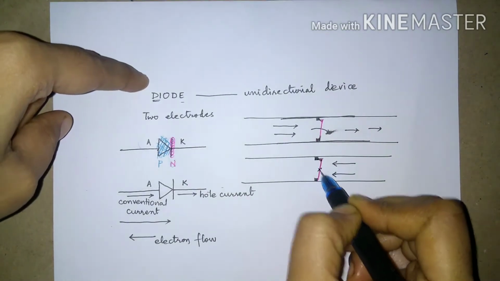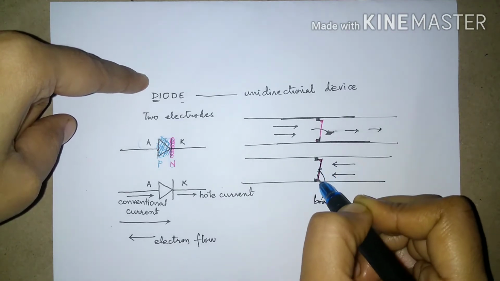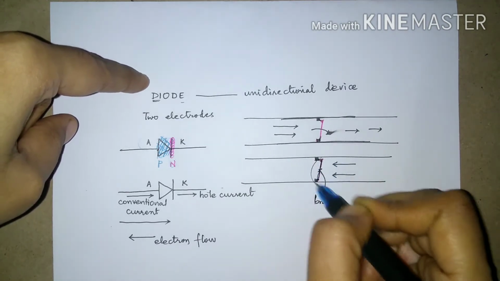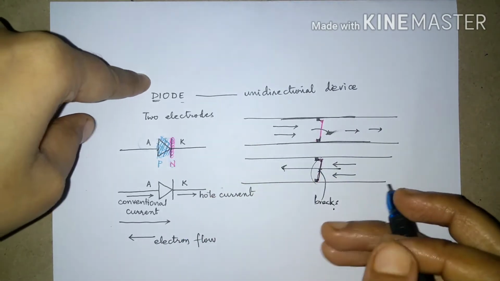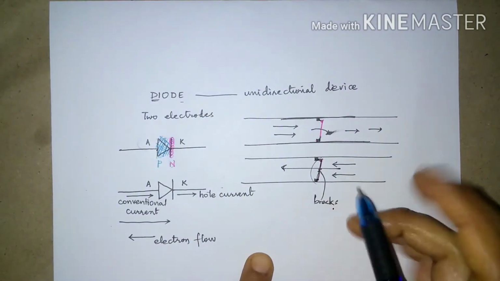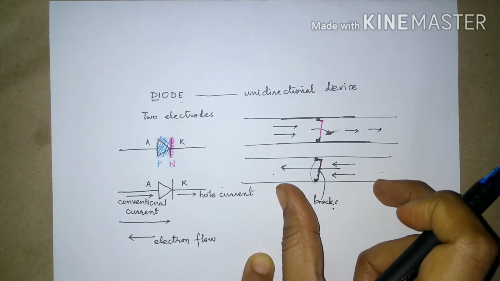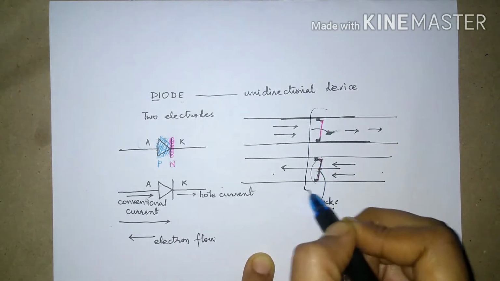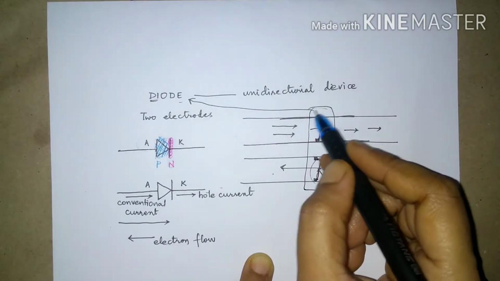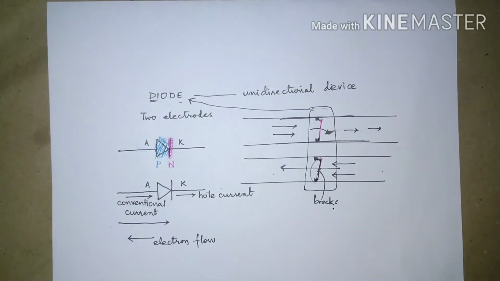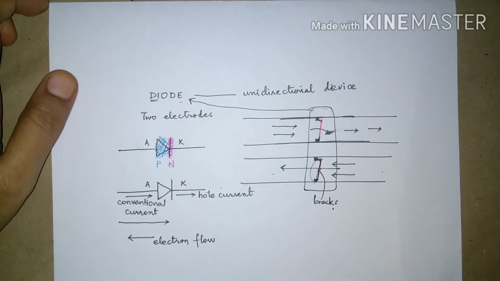Only if this particular obstruction in between breaks, then the whole water rushes through. That is the only possible condition where the water comes from right to left of the pipe. So this is something acting like a diode. This is a simple analogy you can relate to how a diode works.